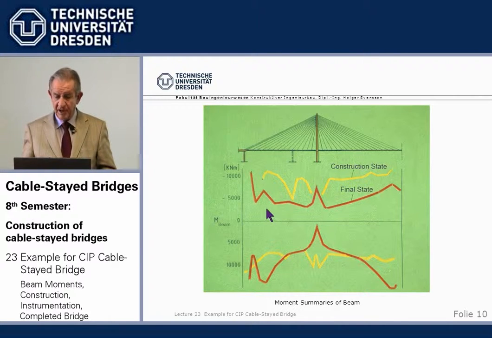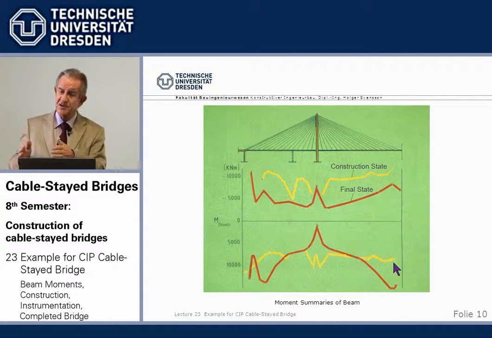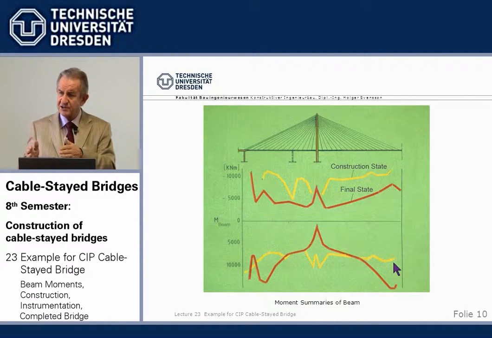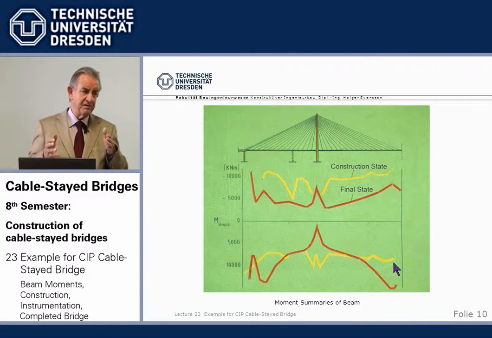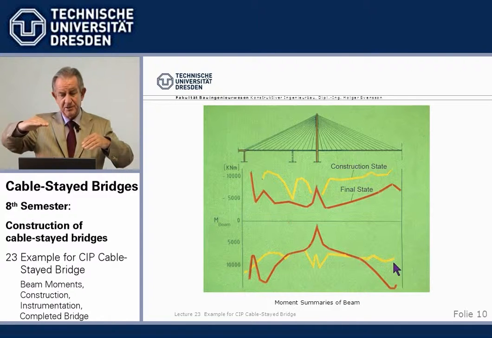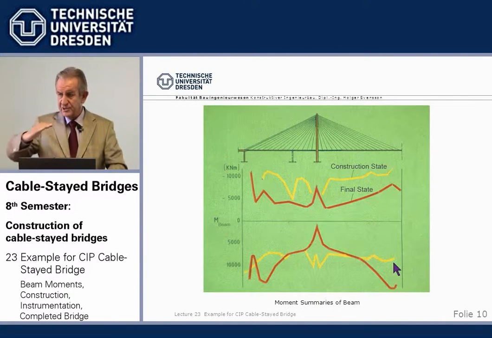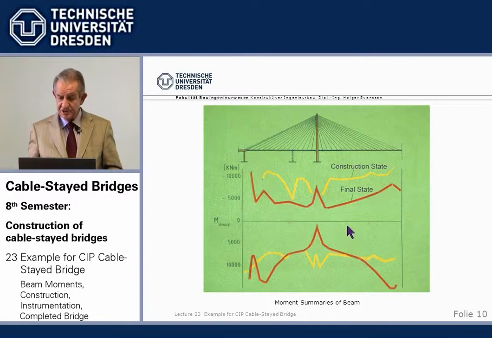Okay, we know that. But then we have to look what happens at the same section during construction. And there we have, in principle, two situations. First of all, we have the situation that we have forwarded the traveler, cast the concrete, and the cables are not fully stressed, which gives us tension at the top, which is here.